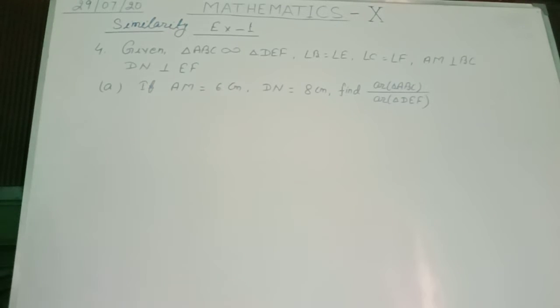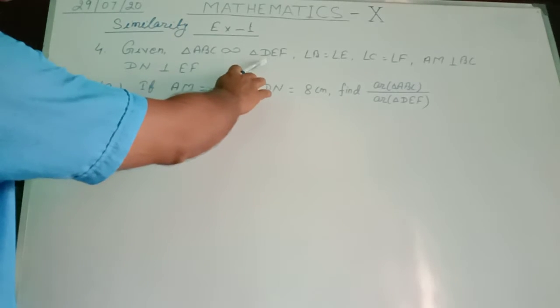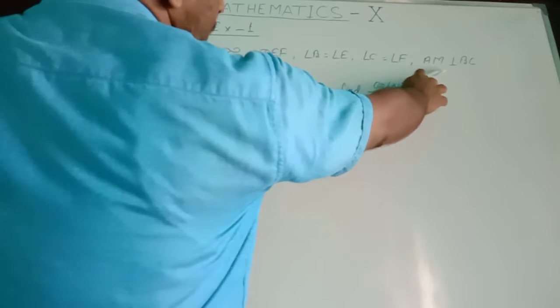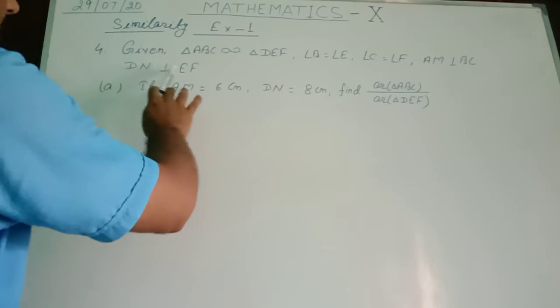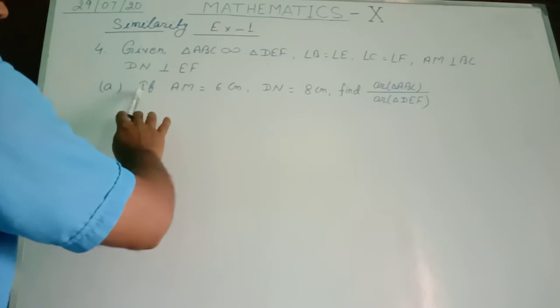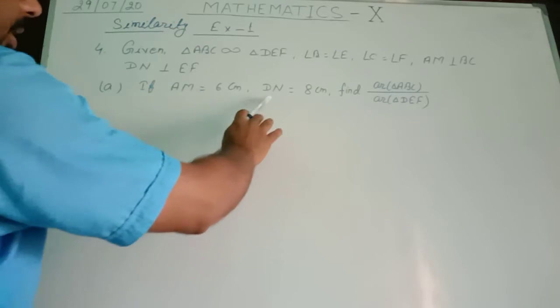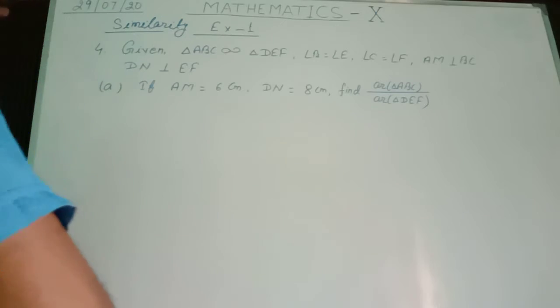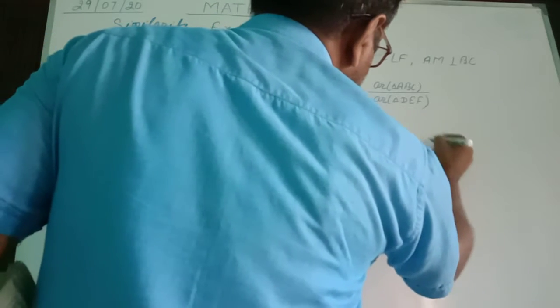In question number 4, given informations are ABC is similar to triangle DEF, angle B equal to angle E, angle C equal to angle F, AM is perpendicular to BC, DN is perpendicular to EF. If AM equal to 6 centimeter, DN equal to 8 centimeter, find area of triangle ABC by area of triangle DEF. For your information, I want to draw the figures.